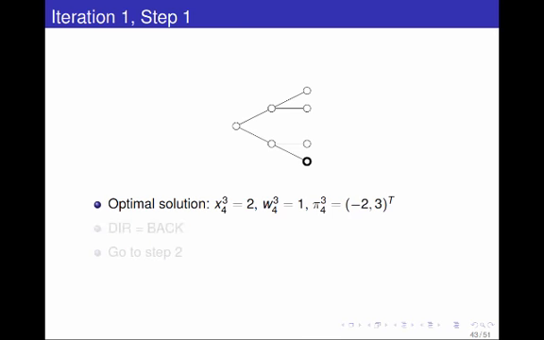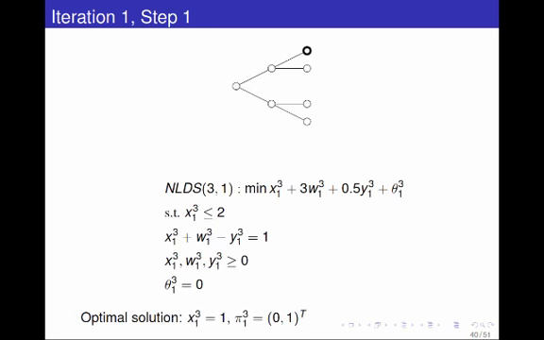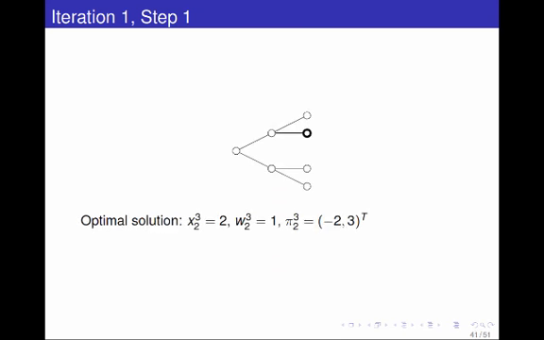So to refresh your memory, the dual multipliers we're going to use for this NLDS are the dual multiplier of this node, which is 0, 1, and this node is -2, 3.